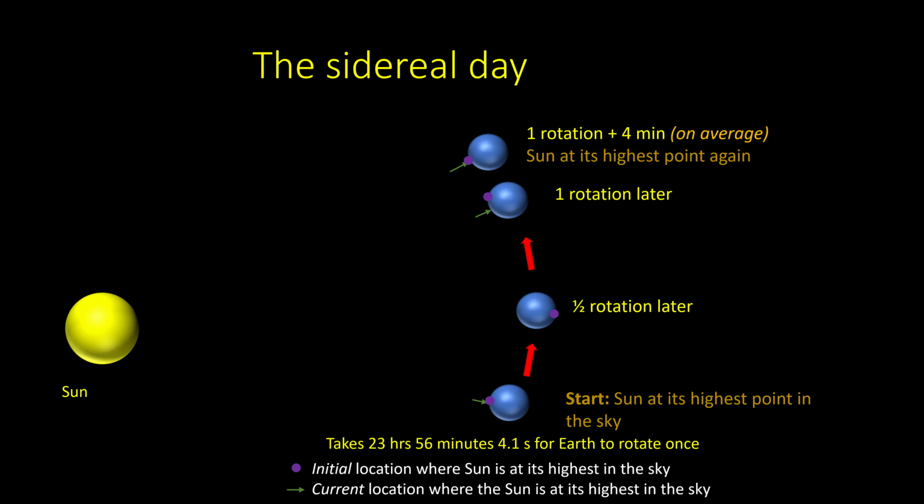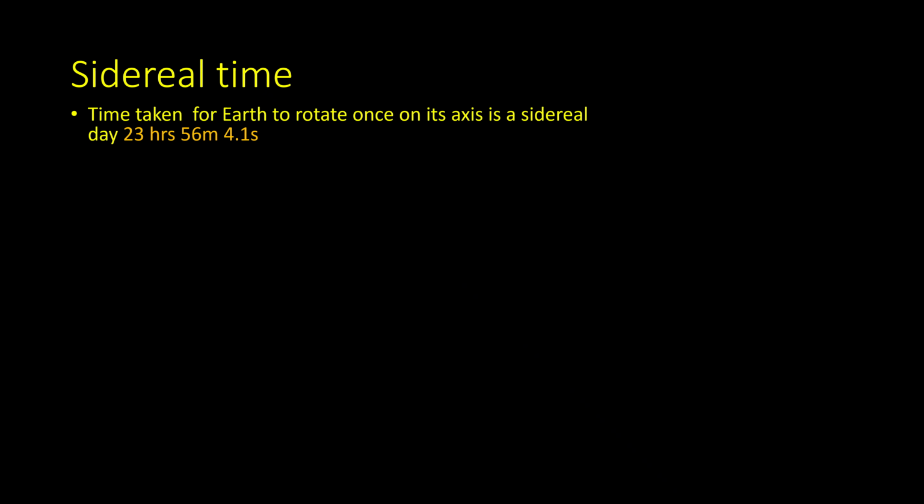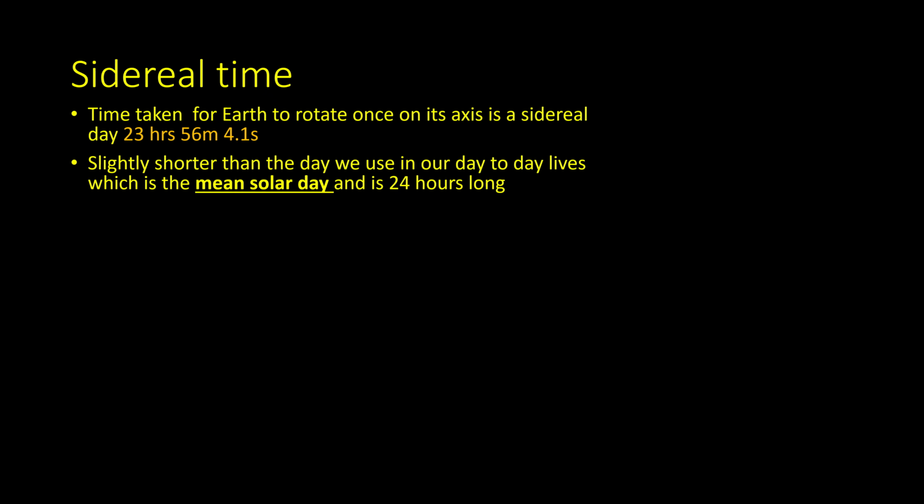We call the time taken for the Earth to rotate once on its axis a sidereal day. A sidereal day is divided into sidereal hours, minutes and seconds, and all of these are slightly shorter than our normal day of hours, minutes and seconds.